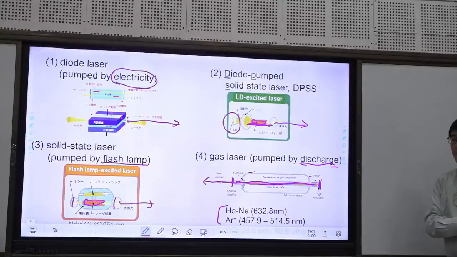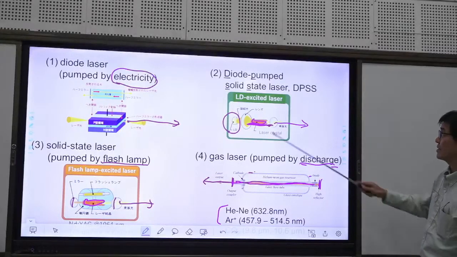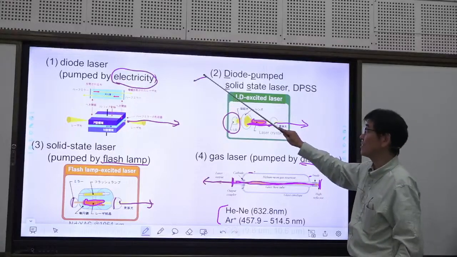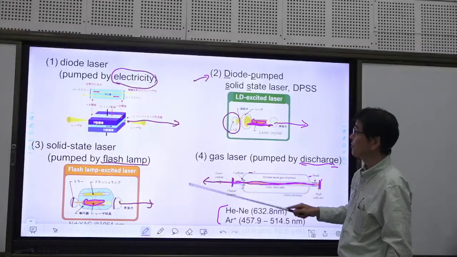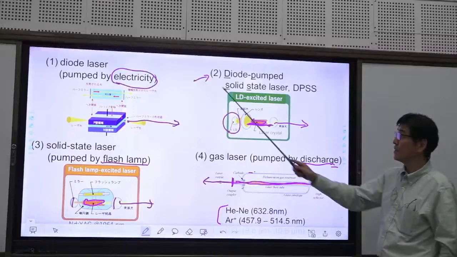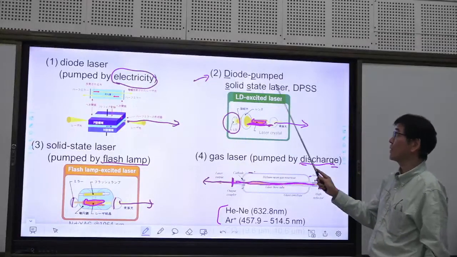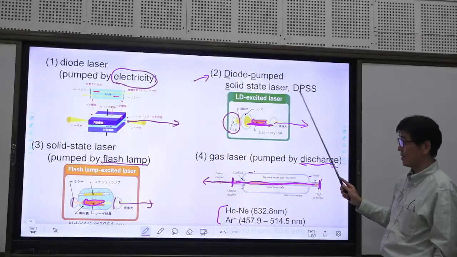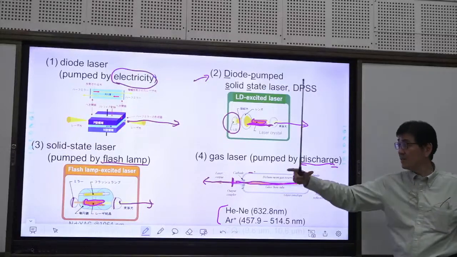Okay? So yesterday you saw the lasers near the Raman microscope. It was so compact, so I guess it is classified to this group. This is much smaller than the diode pumped solid-state laser, and this is huge.